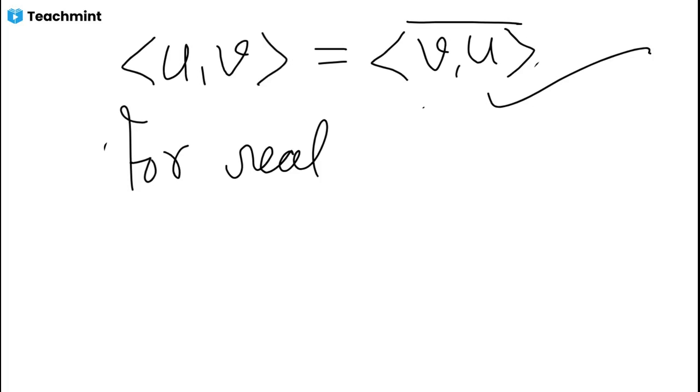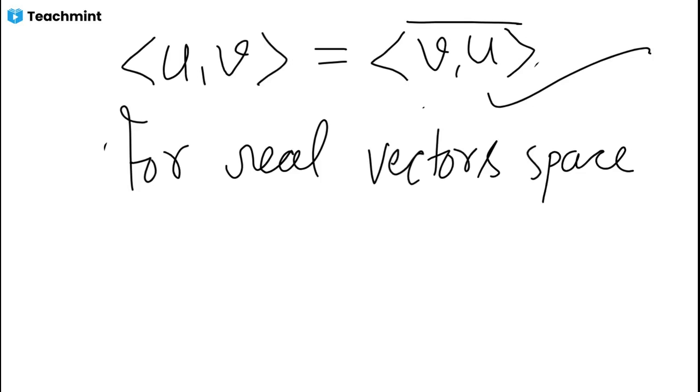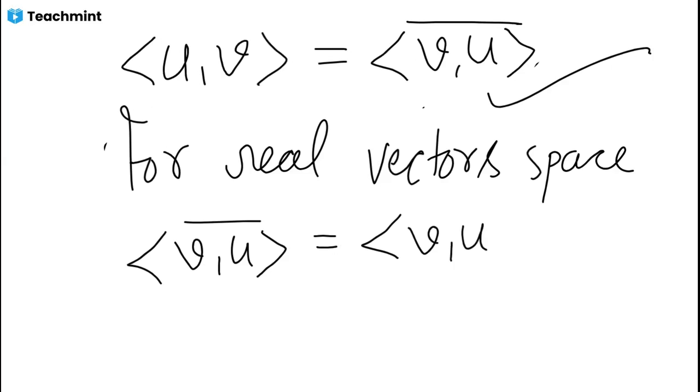I'm telling you this for a real vector space. Obviously this inner product of v comma u bar is equal to v comma u. Are you getting this point? Yes, because we have only the real part and don't have any iota.